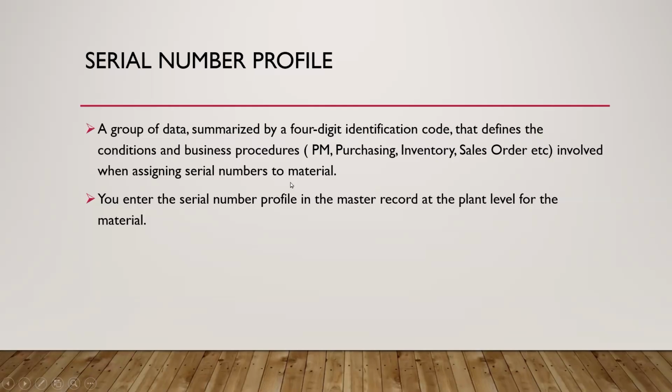So we have to give it when we create a material, or it should be present in the material. You enter the serial number profile in the master record at plant level for the material. That we will see, how we will enter in the plant level and all that, tomorrow.